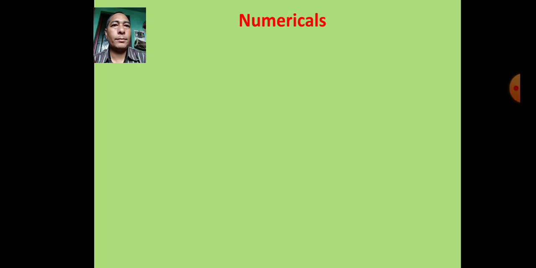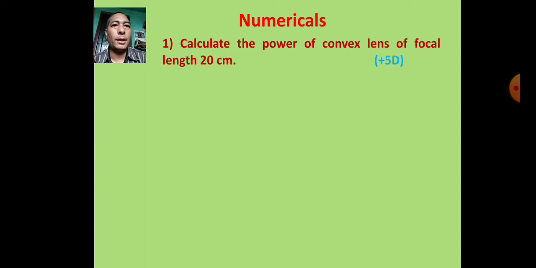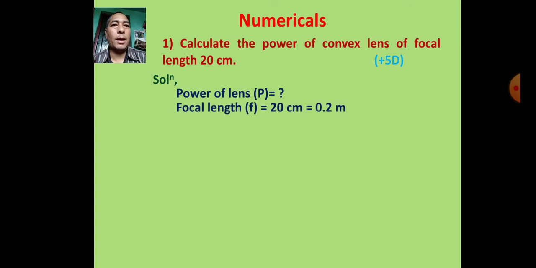Numericals. 1. Calculate the power of convex lens of focal length 20 cm. Solution. Power of lens P equals what? Focal length f equals 20 cm equals 0.2 meter.